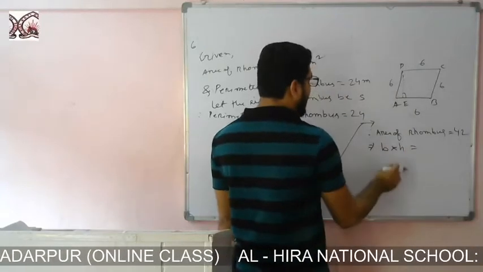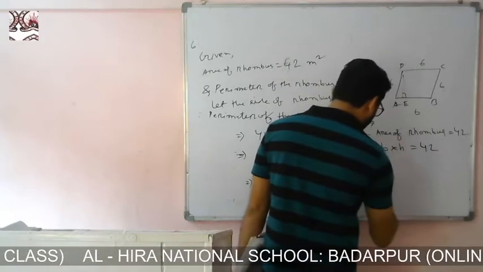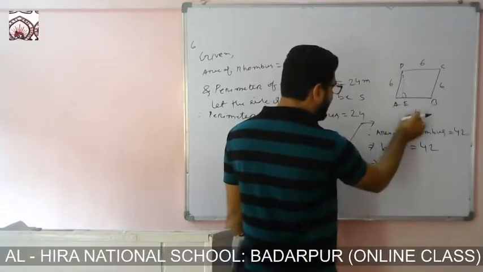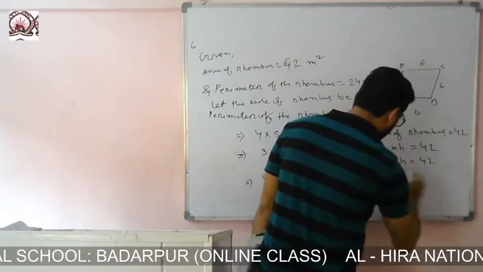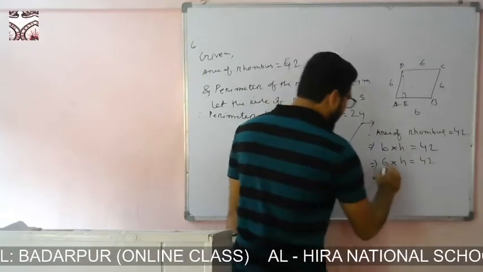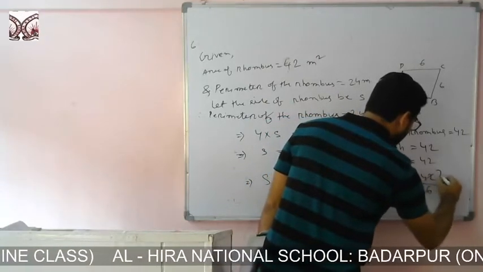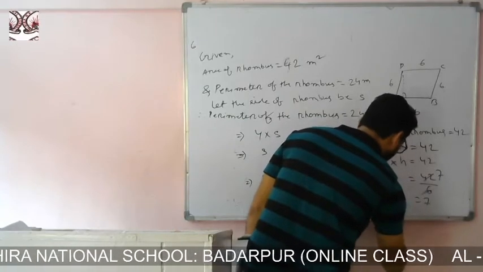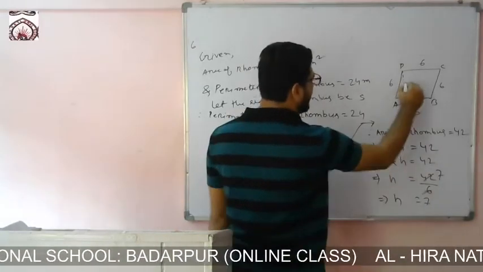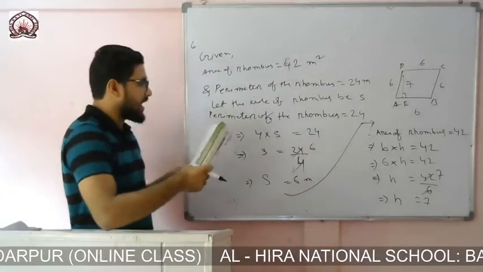So from here I can write 42, and the base is given as 6, and height you have to find. So height will be 42 by 6, which is 7. So h is 7. That means height is 7. Okay, so that is the answer.